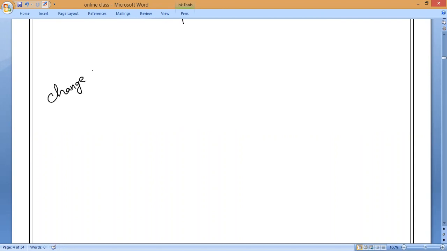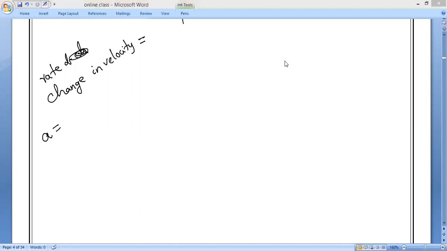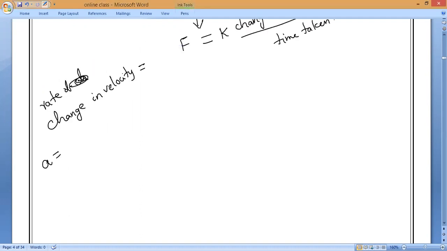Now go to chapter 1 and tell me, what have we written for change in velocity? Hari, Gokul, Reddy, anybody? Acceleration is the rate of change of velocity. I'm asking only about change in velocity. Check your notebook.